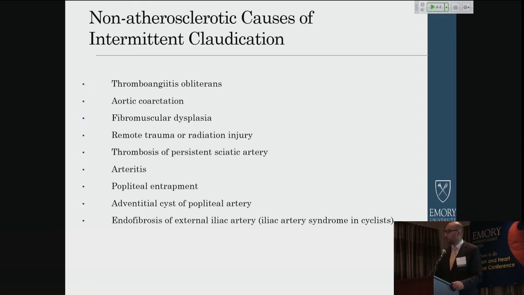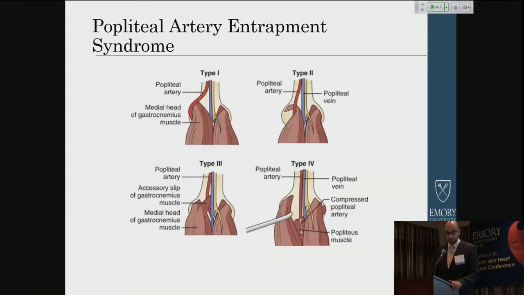So as we look at lower extremity arterial disease or lower extremity symptoms, it's important to evaluate lower extremity perfusion and consider imaging to evaluate those unusual causes. They are rare causes, but we are now starting to identify them and treat them more frequently. This is just a picture showing what popliteal entrapment syndrome looks like.